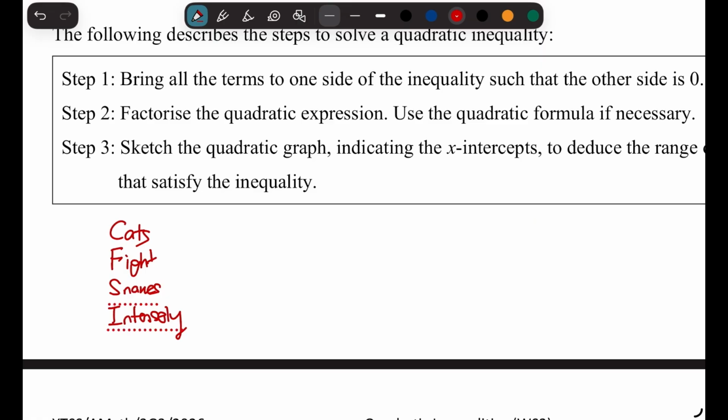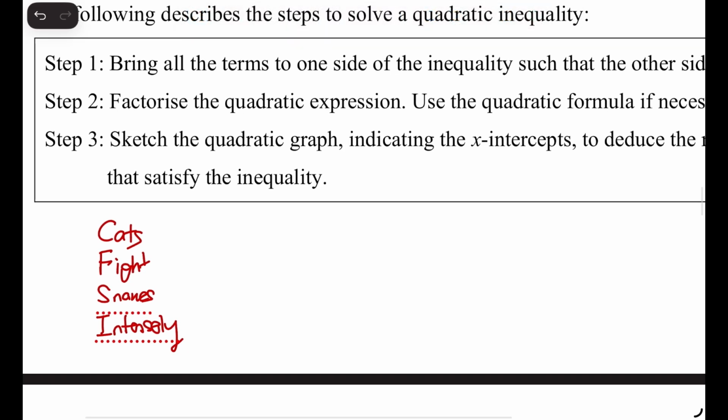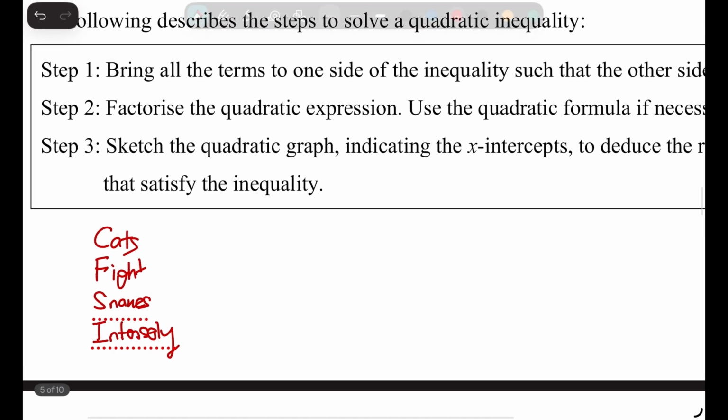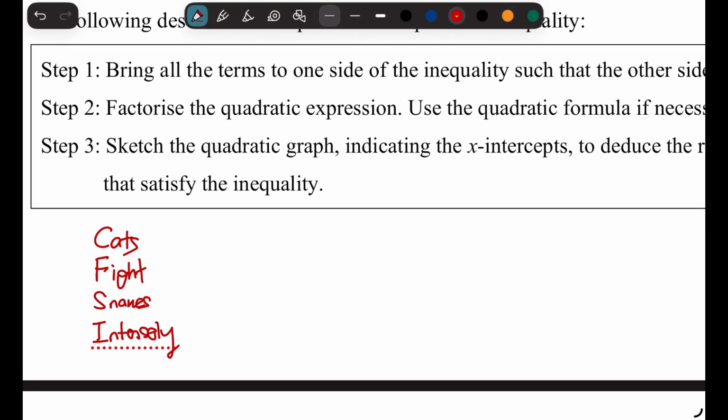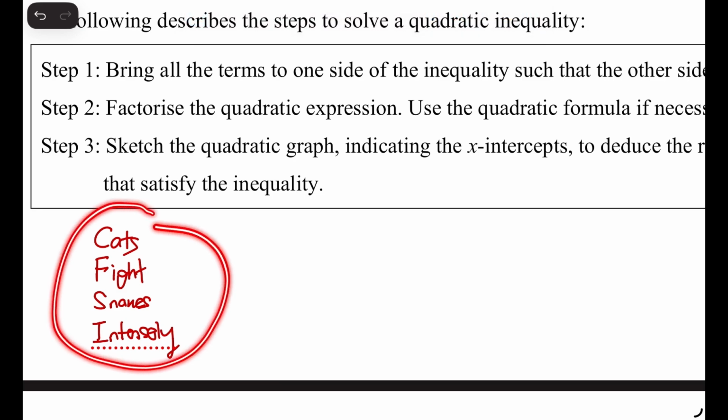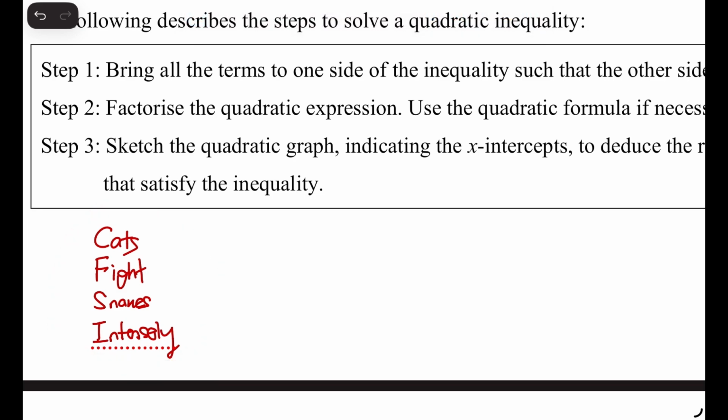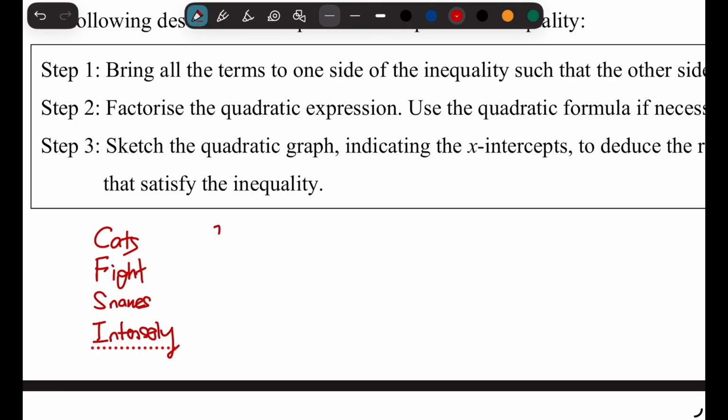And if you see videos of cats, right, when they see a snake, they use their paws to attack them very vigorously. So this actually helps me to remember how to solve quadratic inequalities. Okay, oops, let me write it clearly.